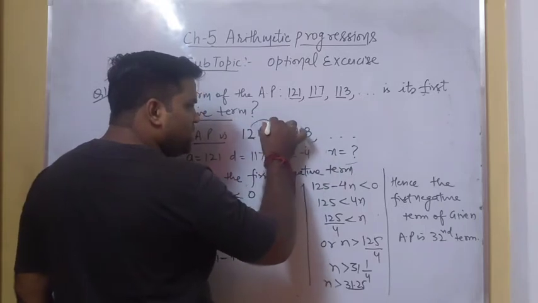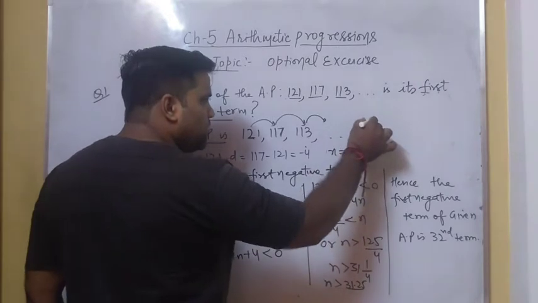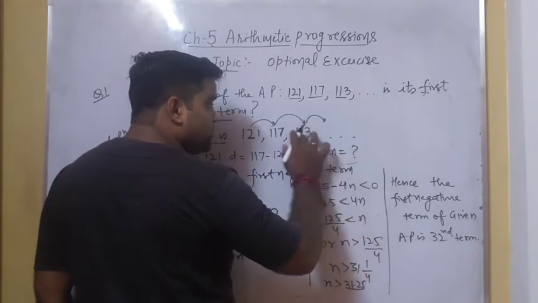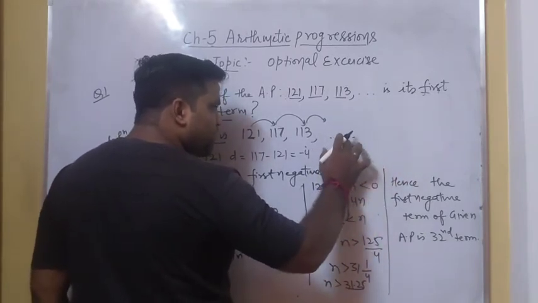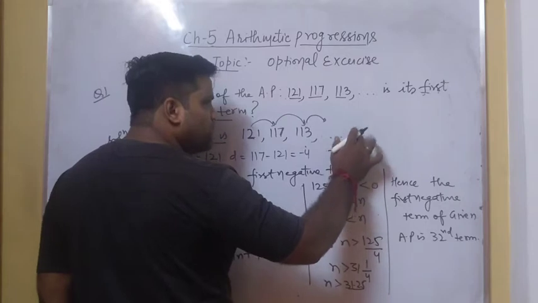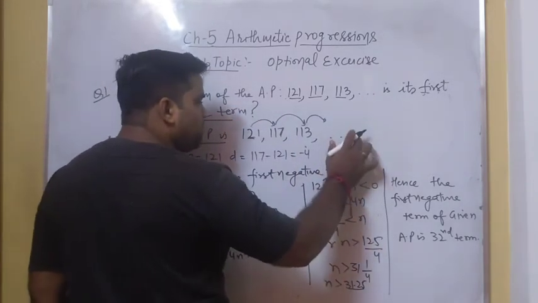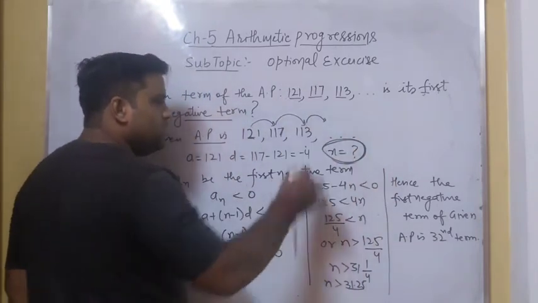So we can see it is decreasing one by one and so on. So at the end we will get a negative term because it is decreasing. So we have to find which term of the given AP will be the first negative term of that AP. For this we have to find n.